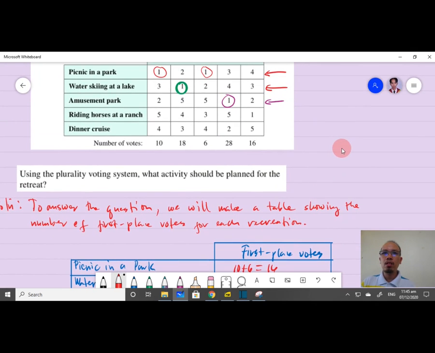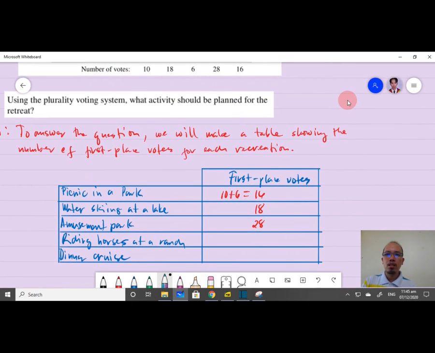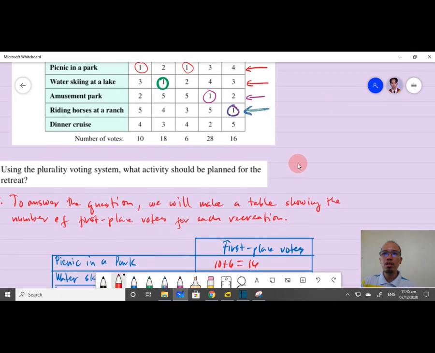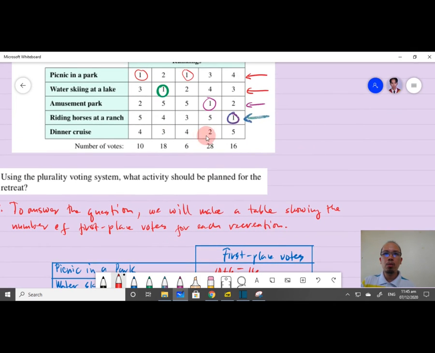Okay, riding horses at a ranch. Let's try this column here. There is one, this one. We have 16. Let's put 16 here. And then dinner cruise. There's no one in this row.